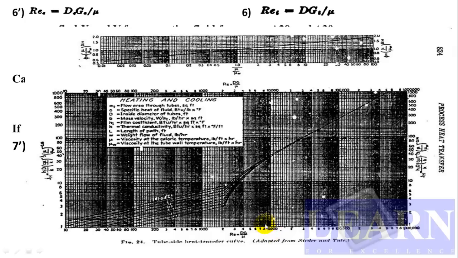Because after 10,000, the Reynolds number line will be almost a single straight line. Before 10,000 we will have multiple lines, so in order to get the proper, exact line, we need to find the L by D ratio here.